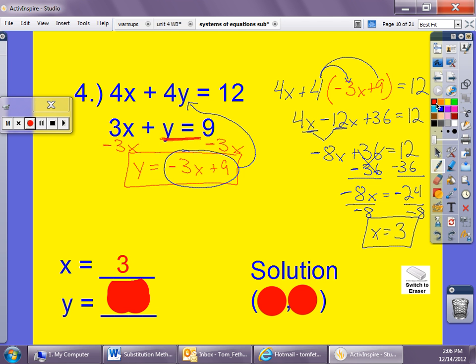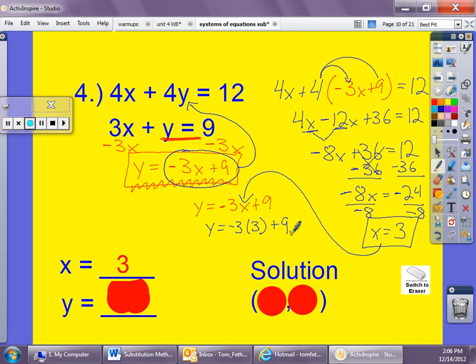Well, we already have this solved for y. Earlier we said we have y equals negative 3x plus 9. So if we know that y equals negative 3x plus 9, and I have my x value, I'm going to substitute my x value back in, and we get y equals negative 3 times 3 plus 9.